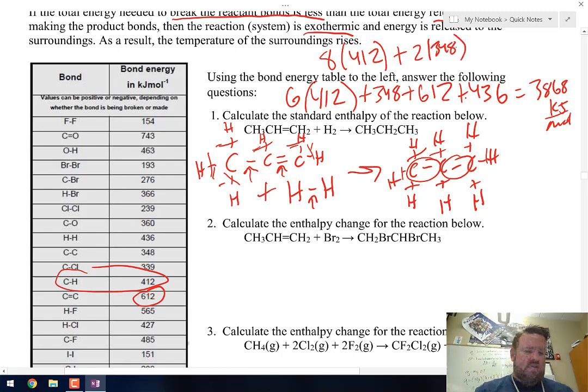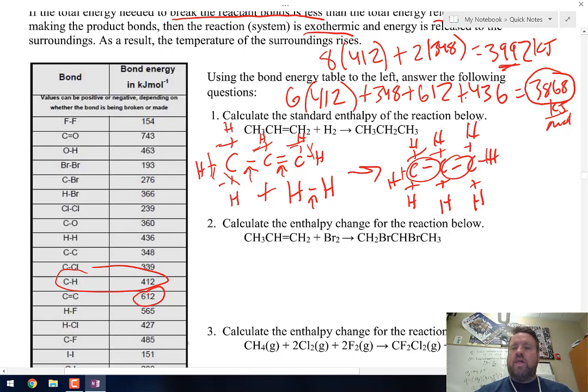So 8 times 412 plus 2 times 348 equals 3,992. Again, the previous number is how much energy it takes to break the bonds. This is how much energy is released when those new bonds are formed.